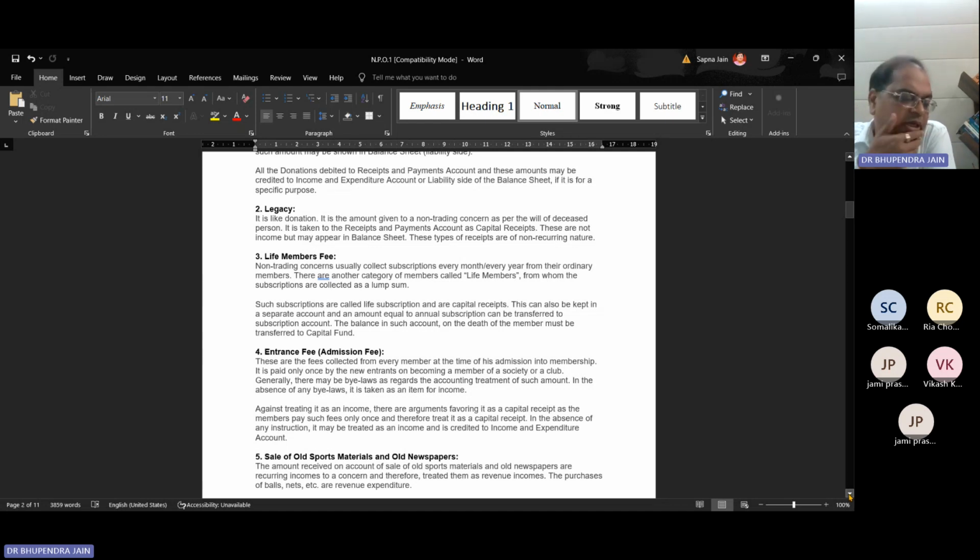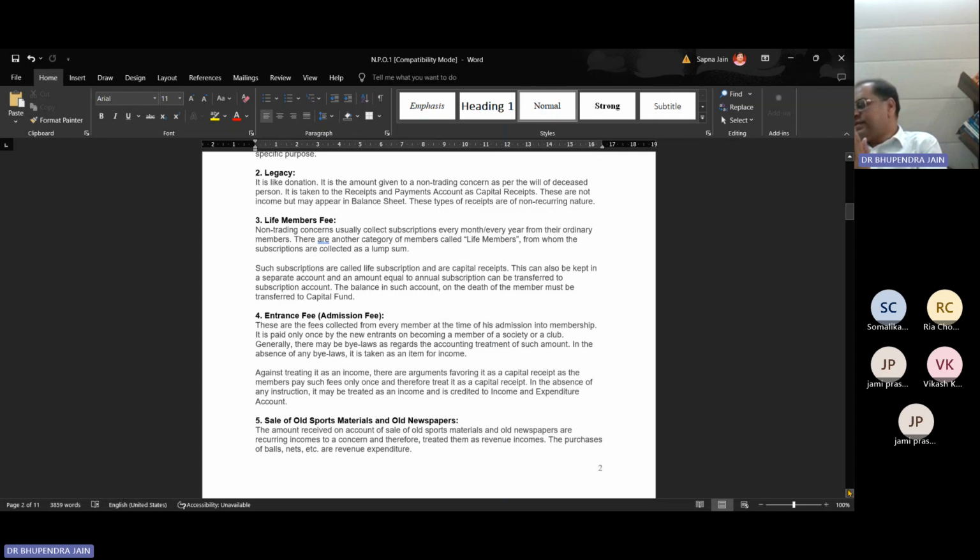Clear? Now, we have already discussed legacy in the last class. Legacy, like donation, is the amount given to a non-trading concern as per the will of a deceased person. It is taken on the receipts and payment account as a capital receipt, and these are not income, but they appear in the balance sheet, and these types of receipts are of non-recurring nature. But there is a slight change in the nature of legacy.